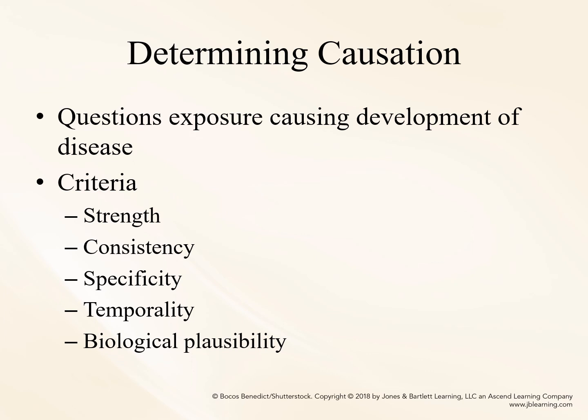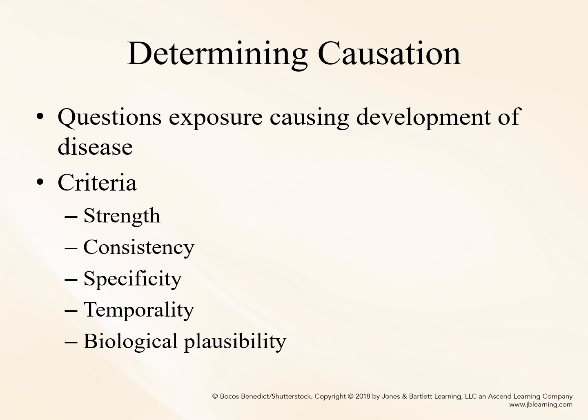Temporality. Does A, the exposure, always precede B, the disease? Does the behavior of cigarette smoking precede the onset of lung cancer? Or do those with lung cancer take up the habit of smoking for some other reason?